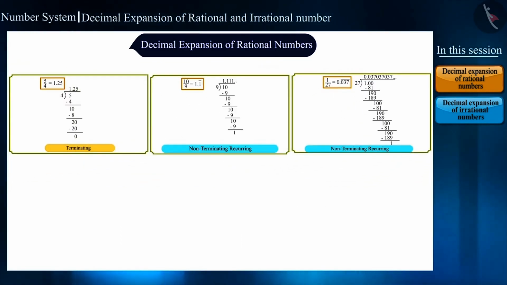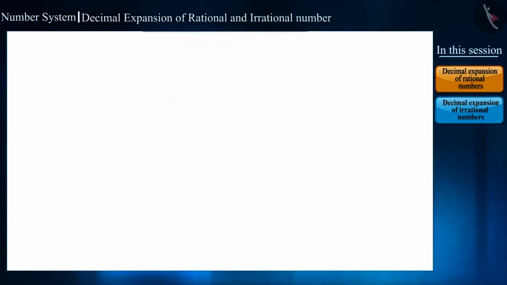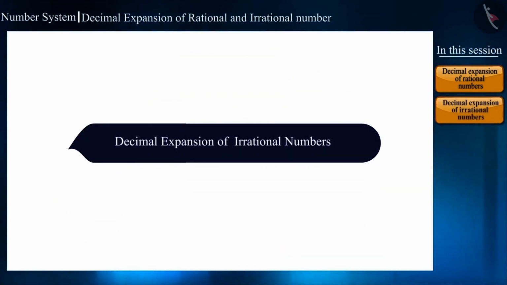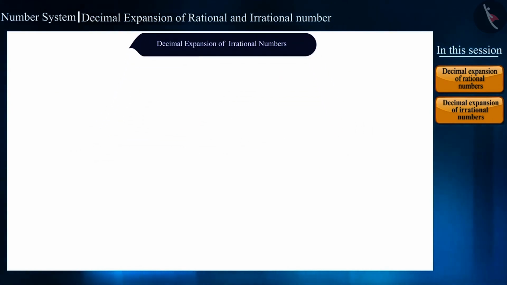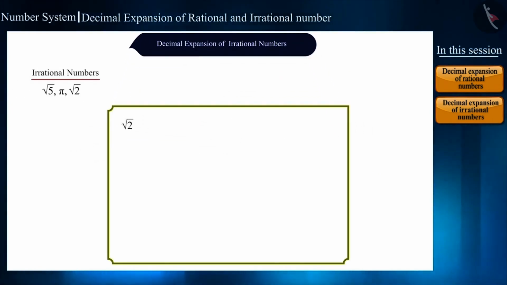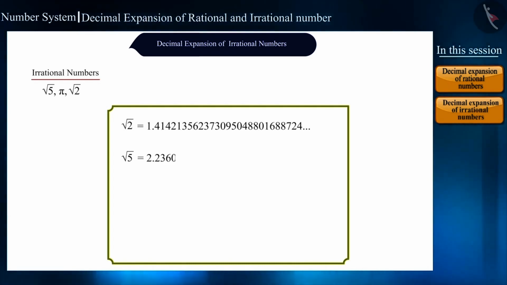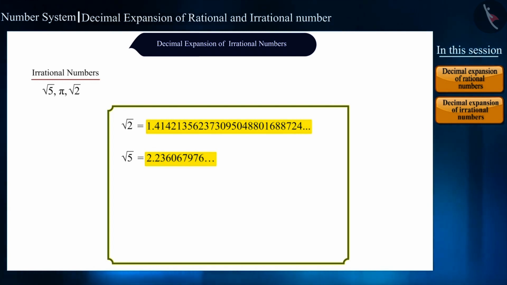Friends, so far we have seen the decimal expansion of rational numbers. Can we write irrational numbers also like this? See. The decimal expansion of root 2 and root 5 is as follows. If you look at them carefully, the numbers are neither being repeated here nor are they ending.